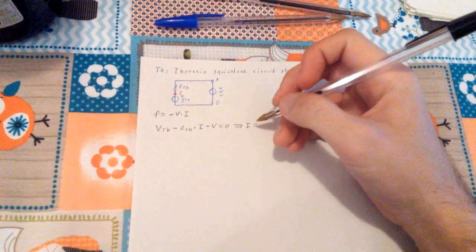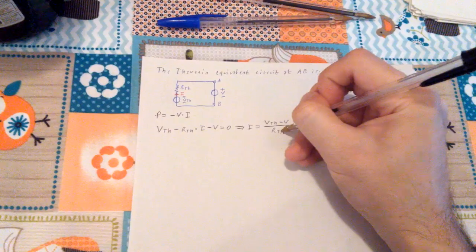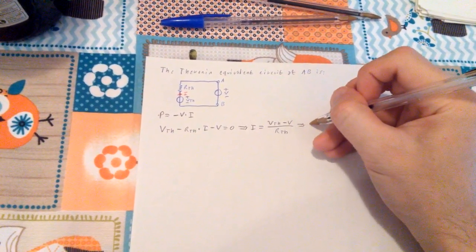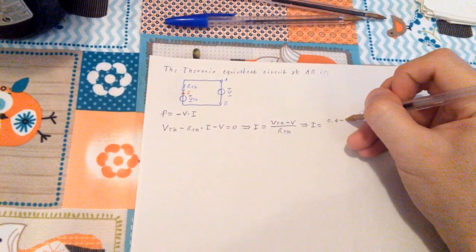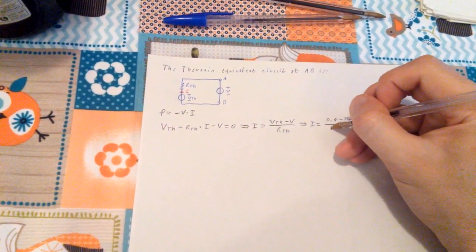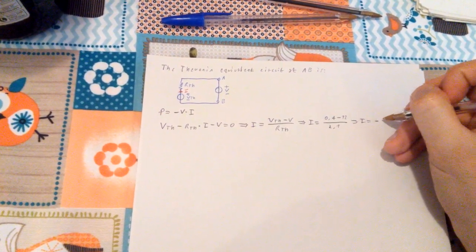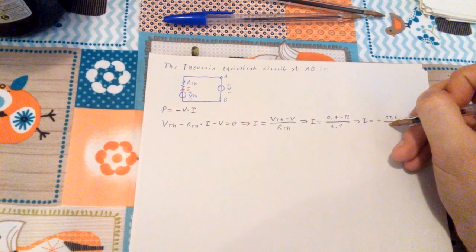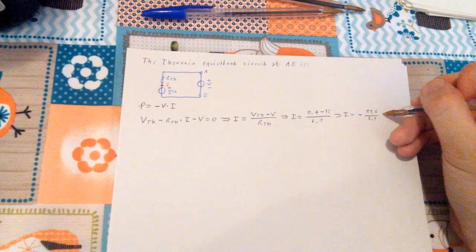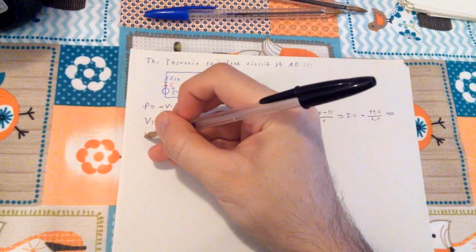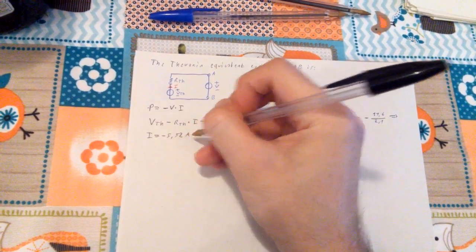So I is just VTH minus V over RTH. So if I plug numbers back into this equation, I get 0.4 minus 12 over 2.1. So I is actually negative 11.6 over 2.1. And again, I is equal to negative 5.52 amps.